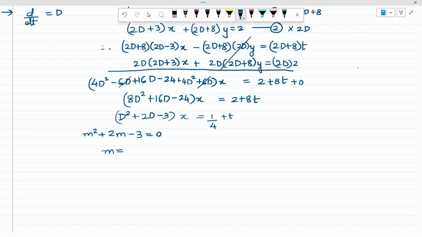Perfect. m is equal to minus 3 and m is equal to 1. And if these are the roots, I'll write x of t as c1 e raised to negative 3t plus c2 e raised to t. Okay, this is your complementary function. How will we find the particular integral in this case?